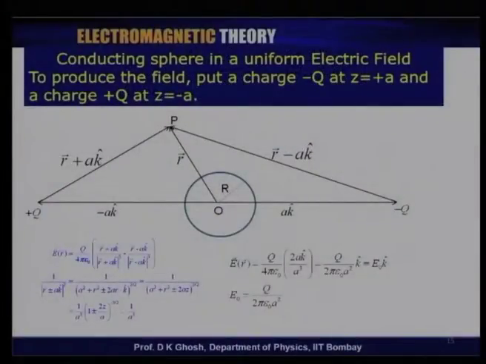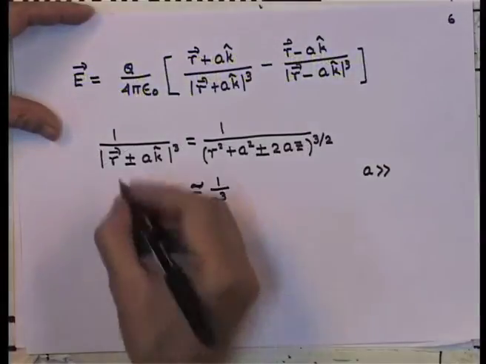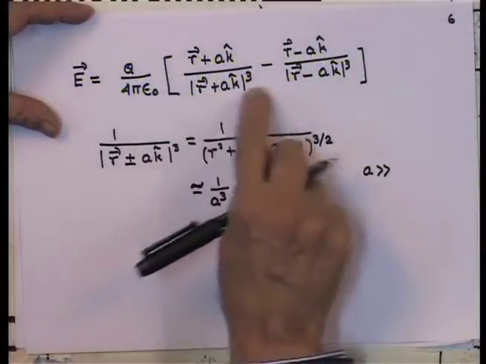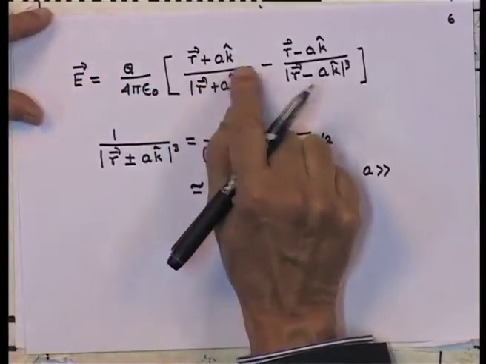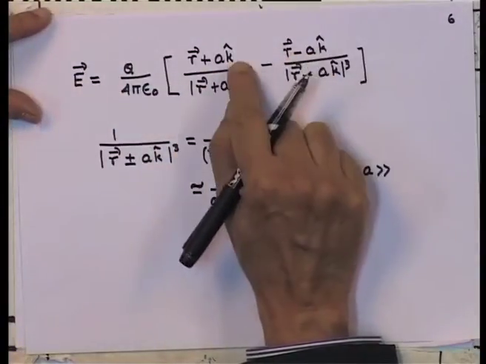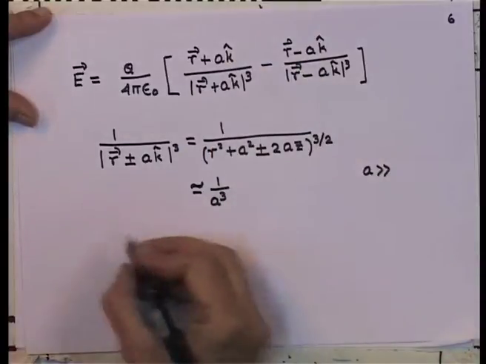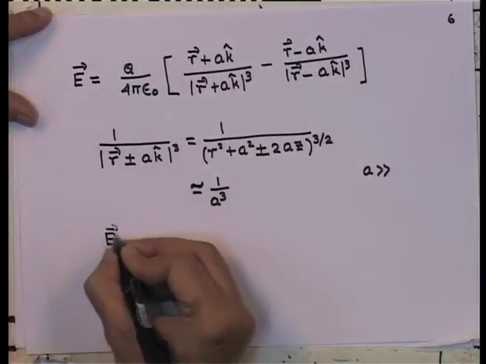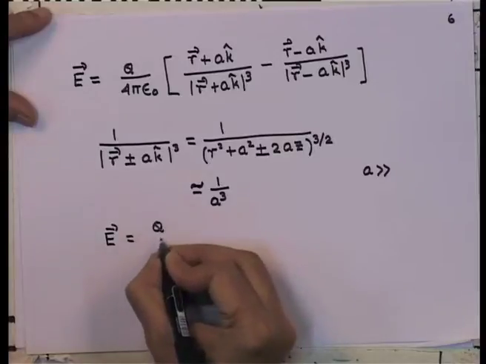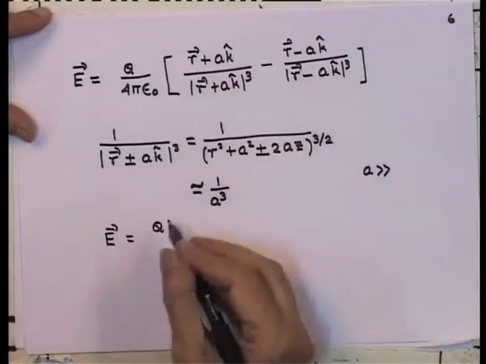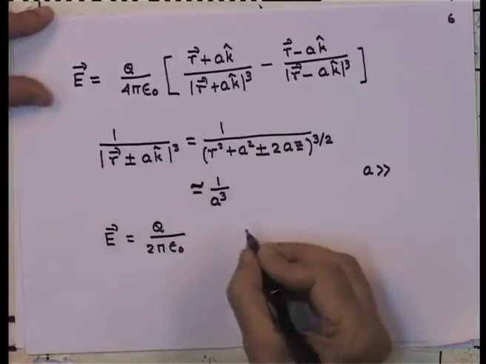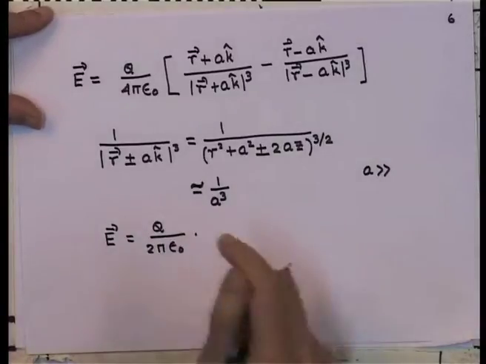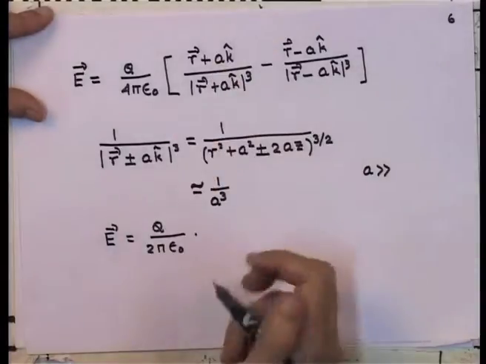Now, if you replace in this expression both the denominators by 1 over a cube, then you notice r plus a k minus r plus a k, that adds up, and I will be left with the electric field equal to q by 4 pi epsilon 0, but there is a 2 a k there. So, q by 2 pi epsilon 0 times, well, 1 over a cube there and a in the numerator.